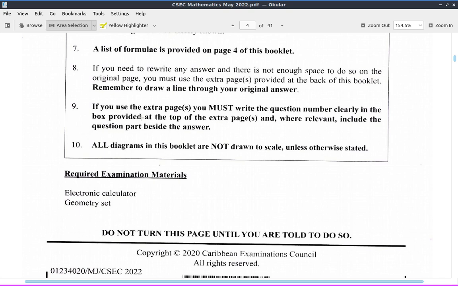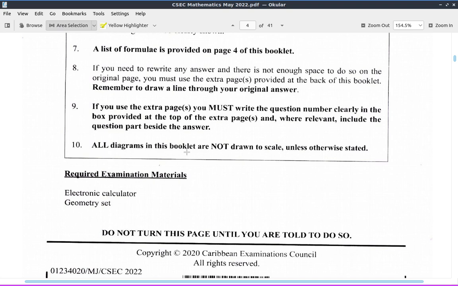If you use the extra pages, you must write the question number clearly in the box provided at the top of the extra pages, and where relevant, include the question part beside the answer. The part A, part B, part 1A, and so on and so forth. The thing is, you need to write down which question you're answering.